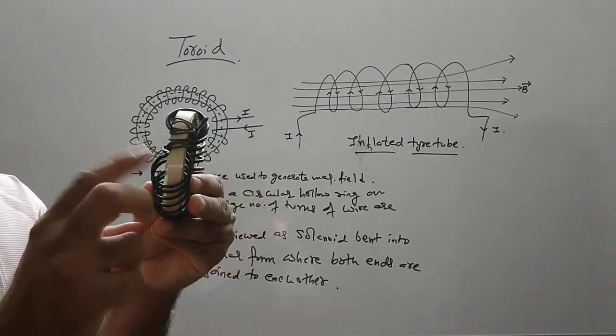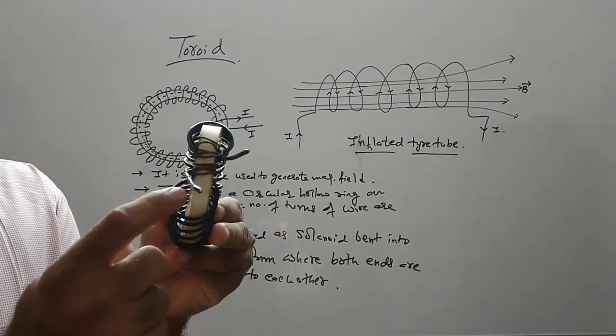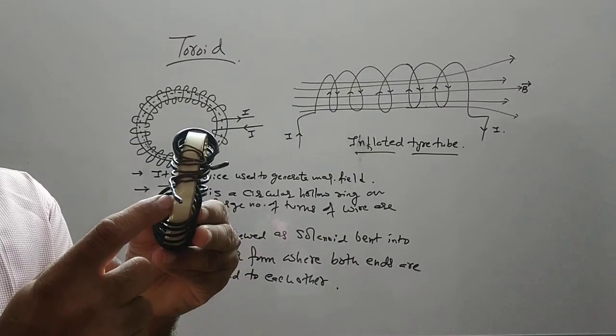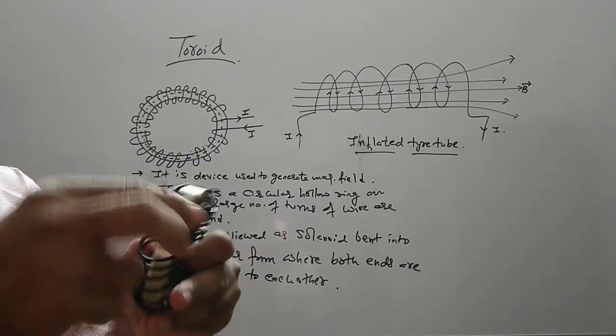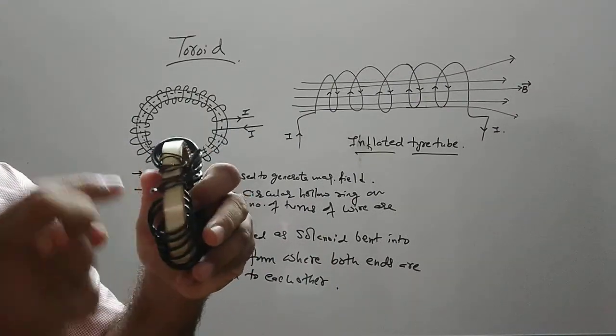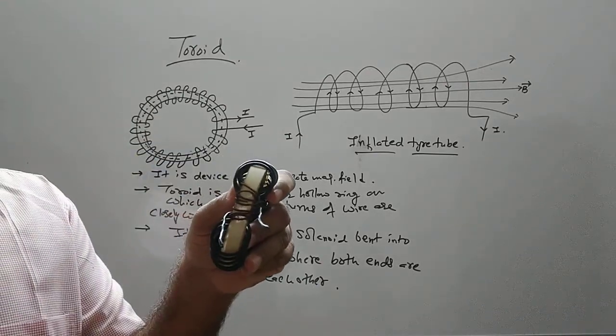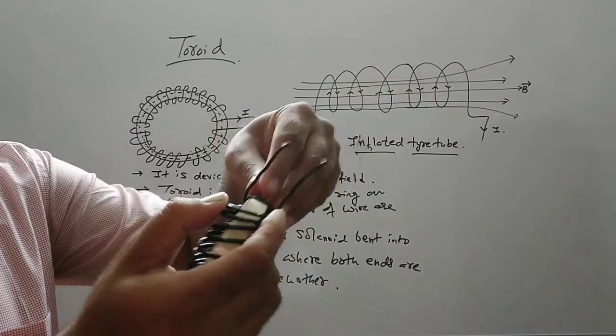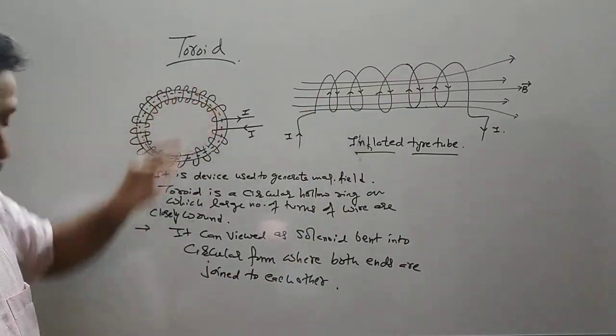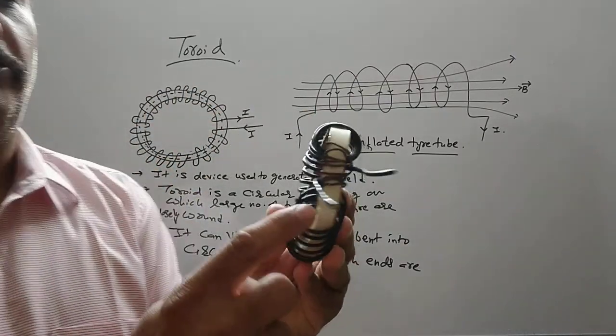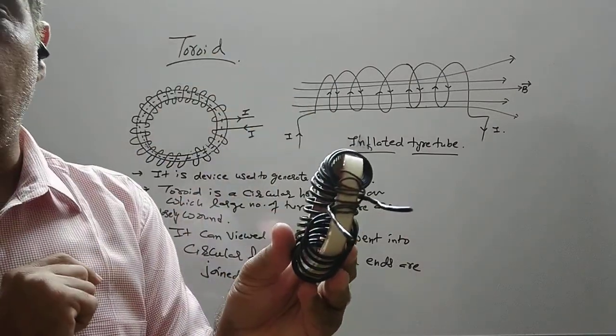Now we know that if the current is clockwise, this face will act as a south pole, and when it comes out, this face will act as a north pole. So these two ends are kept very close to each other. So one face becomes south pole, the other becomes north pole.